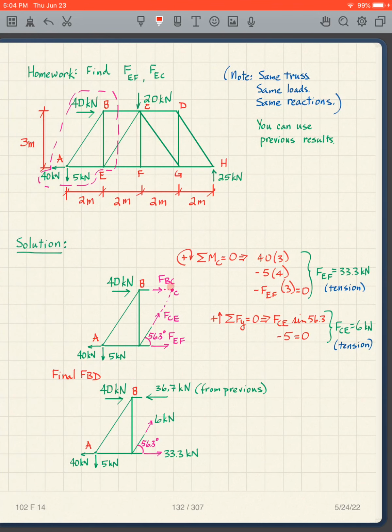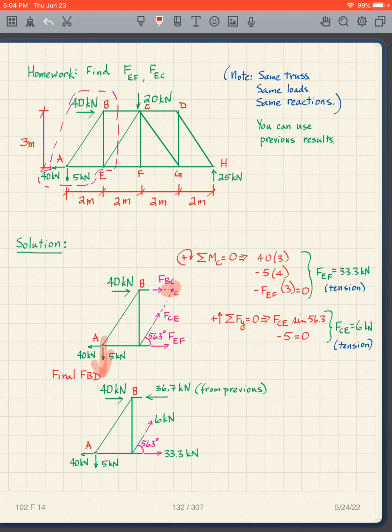But I can take moments about C, for instance, to get rid of FCE. And I also get rid of that force there. So what do I have left? I've got this 40 times 3 clockwise.